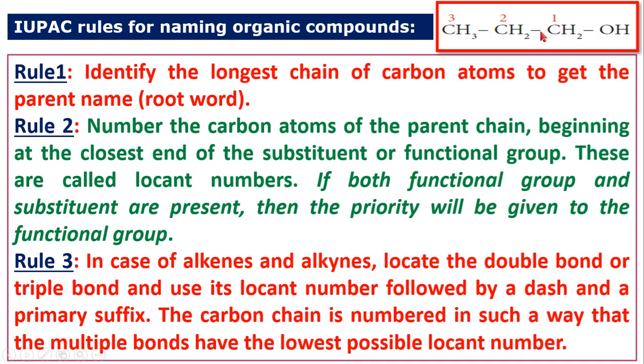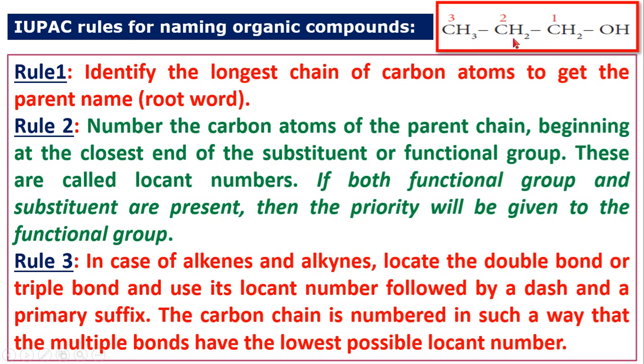So here I put 1 because the functional group is attached to that carbon atom. So on the left side or right side you have to number the carbon atoms, but the functional group is attached with the lowest possible number. Then only here I put the number 1. This carbon is 1, then this is 2 and this is 3. Here which is the functional group?